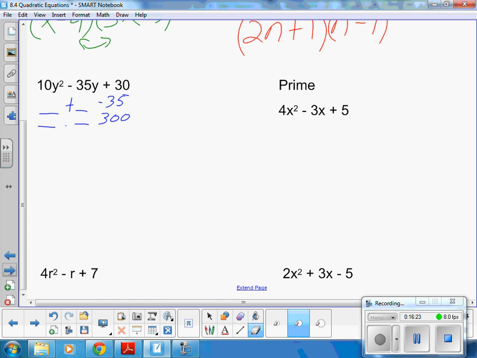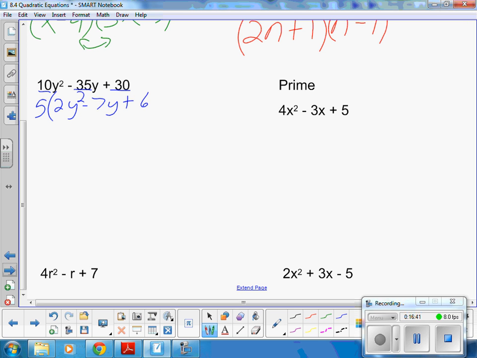All right. On all of these problems up to this point, we didn't have to do this step. Notice all of these can be factored by 5. 5 goes in all of them. So let's factor out that 5 first. 2y squared minus 7y plus 6. Now I'm going to look at just this part.